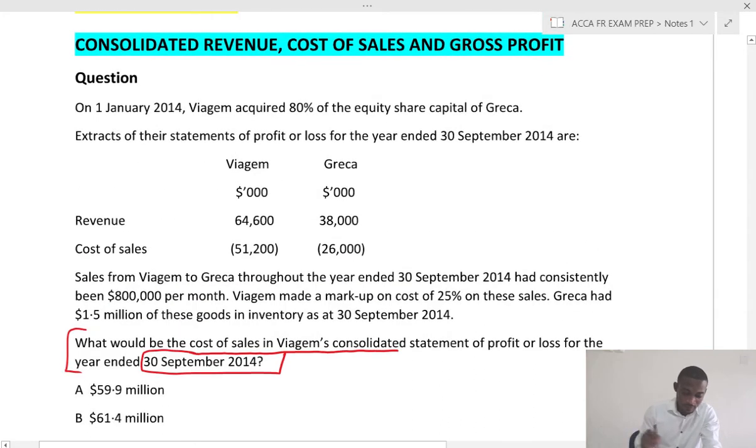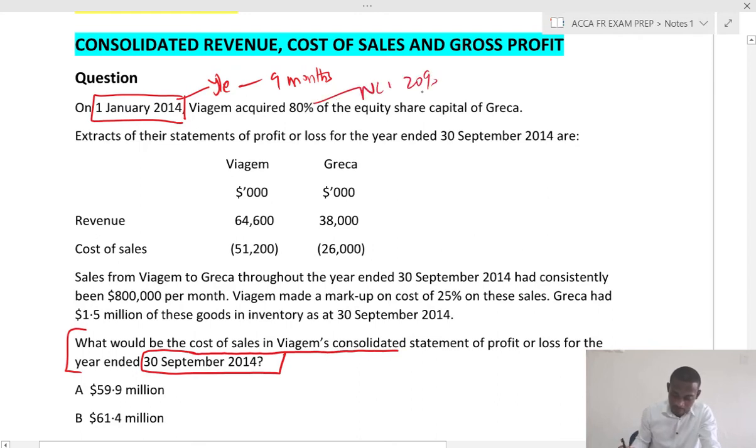Now, on 1st January 2014, so reconcile that to the year end gives me 9 months since acquisition. Now, Viagem acquired 80%, so you should know NCI is 20% of the equity share capital of Greeka.